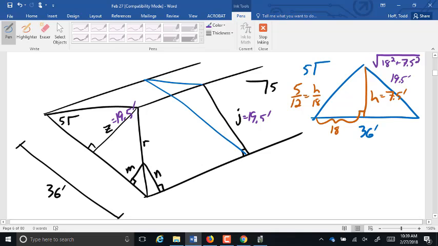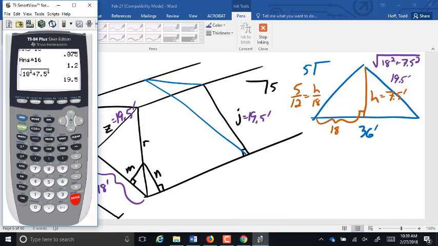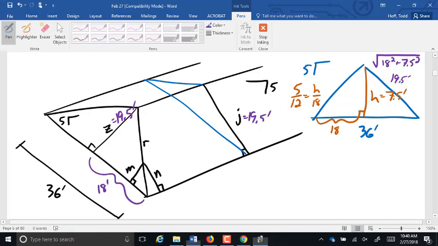Can we find R? Yeah, this is 18 here, right? So R is going to be the square root of, you got it, 26.538, which of course can be reduced into feet, inches, and 16ths. I'm going to assume you guys can handle that.